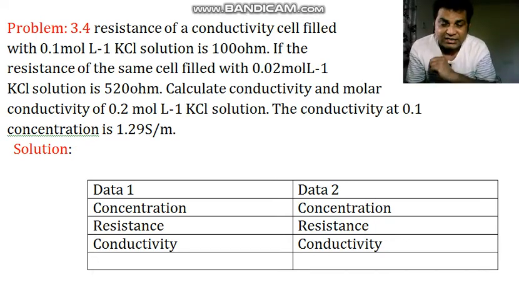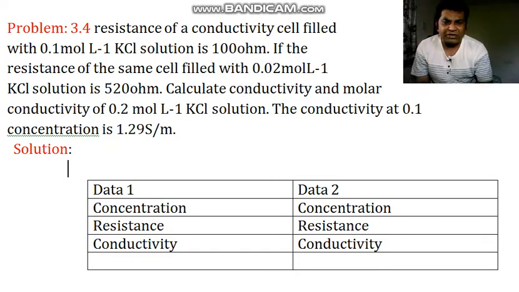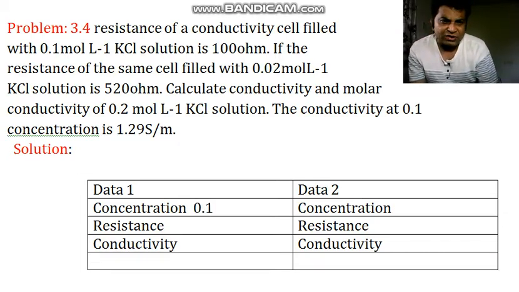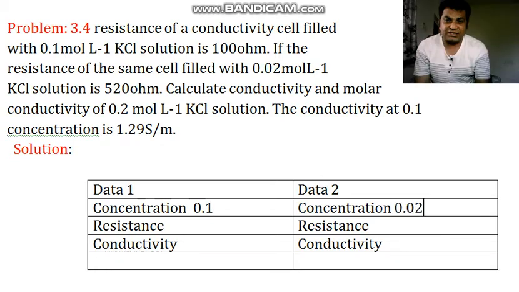So which two data are there? First concentration, 0.1 molar solution. And the second concentration is given as 0.02, so here I have to write 0.02. At the concentration 0.1 mole, the resistance provided is 100 ohm, so I write here 100 ohm.